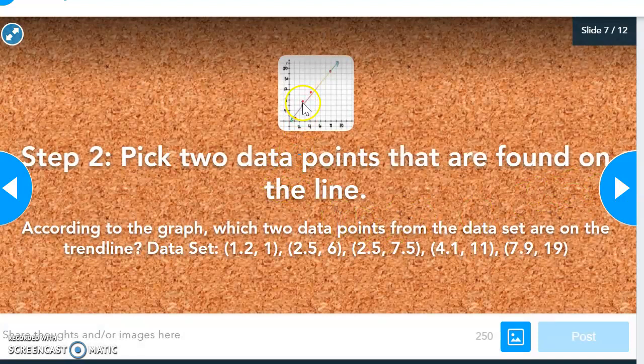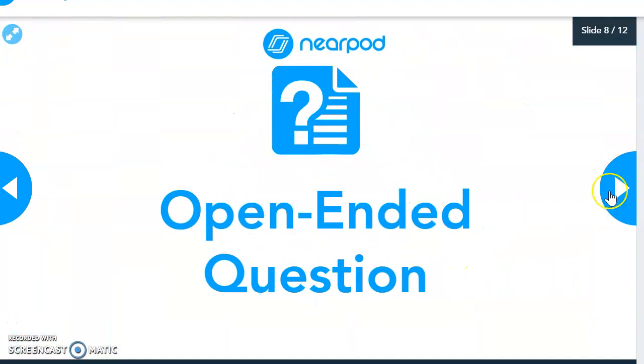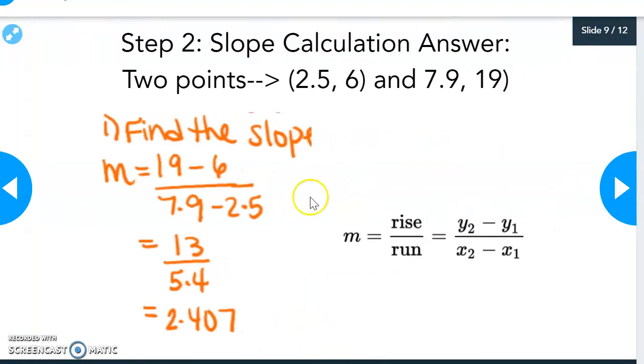So if we're picking two data points from this scatter plot, there's a little activity here, but I'm going to skip over this. We'll skip over the open-ended question as well. We talked earlier about how 2.5, 6 and the data point 7.9, 19 are on the line.